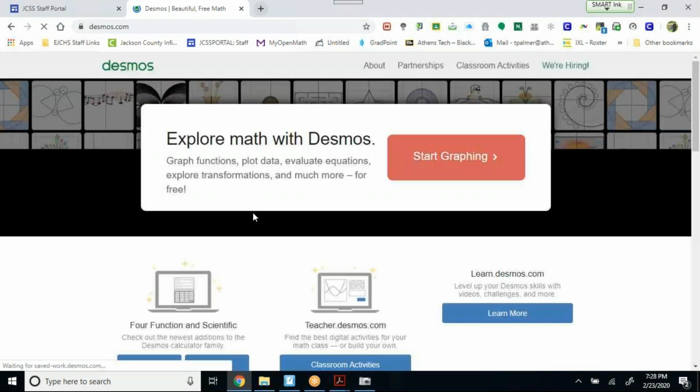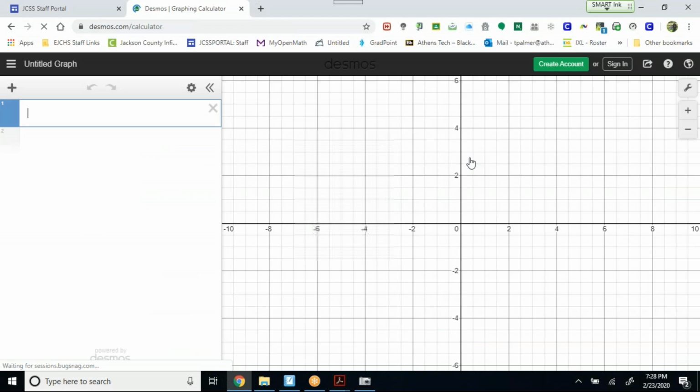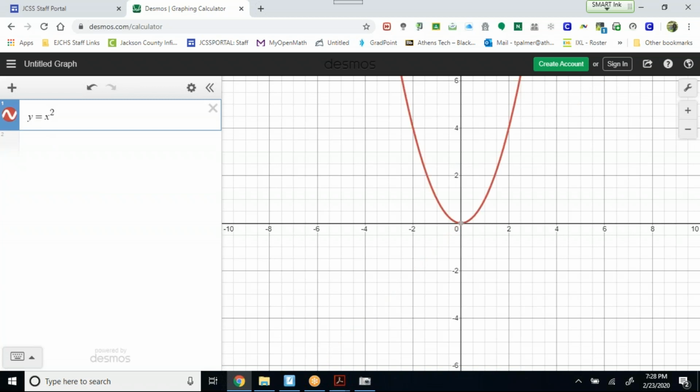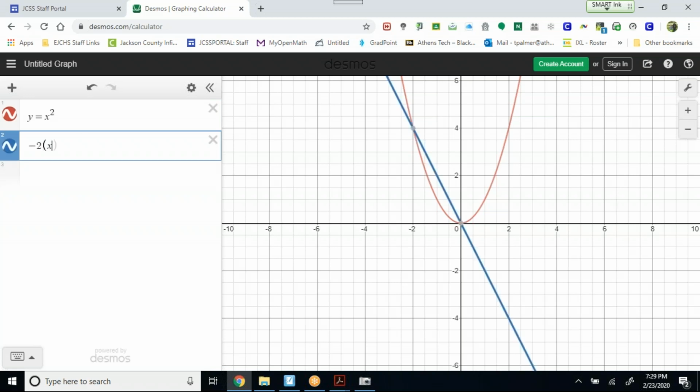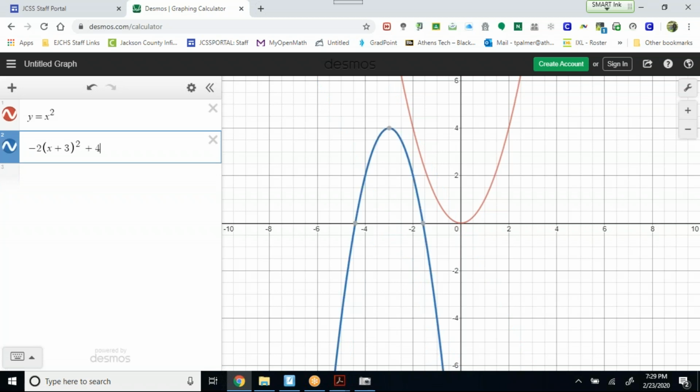I would just use Desmos, so I could see based off the equation what's really happening. So we go y equals x squared, right? That's the parent function. So we had negative 2 times x plus 3 squared plus 4, right? I think that was it, right? Didn't we do that? Pretty sure.